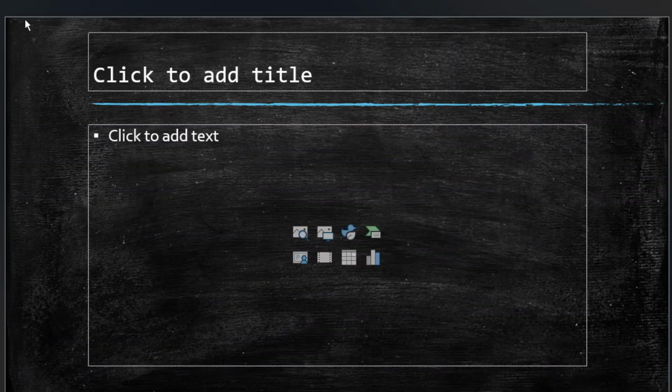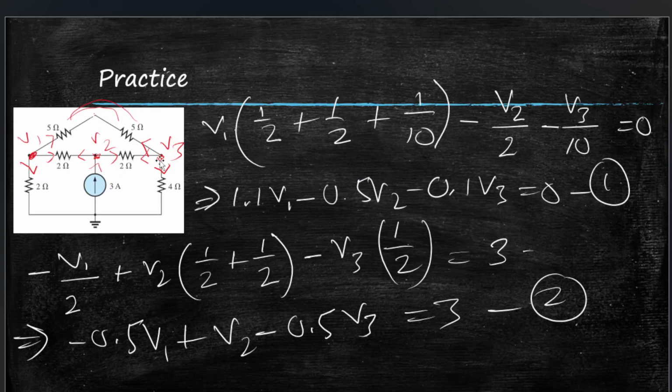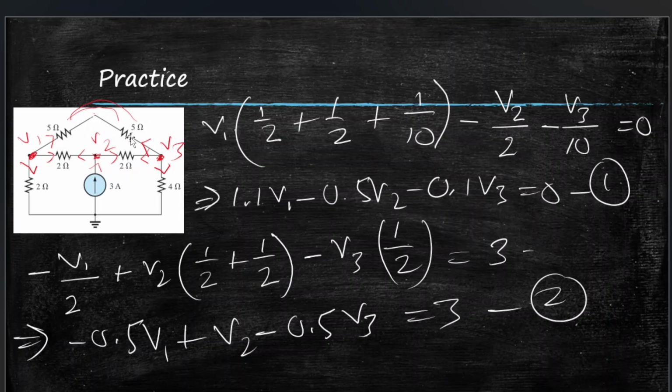Let's get a new page. For V3, let's bring in V1 first. So minus V1 over 10, because of the 5 and 5 that's the relation between V1 and V3.